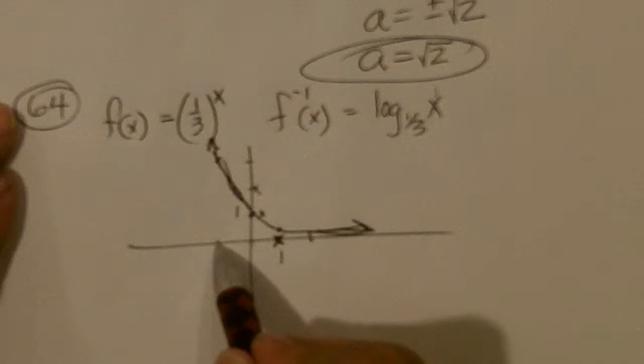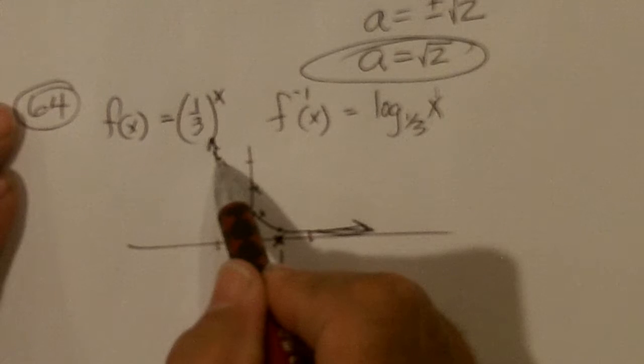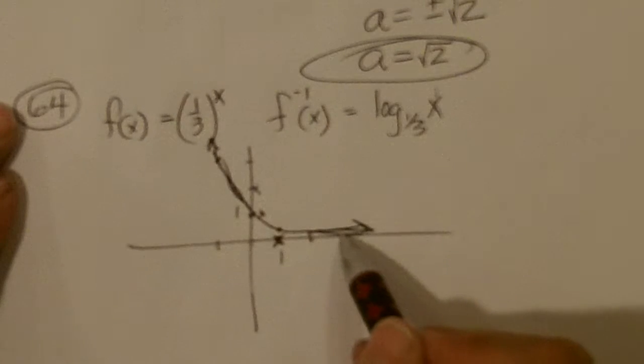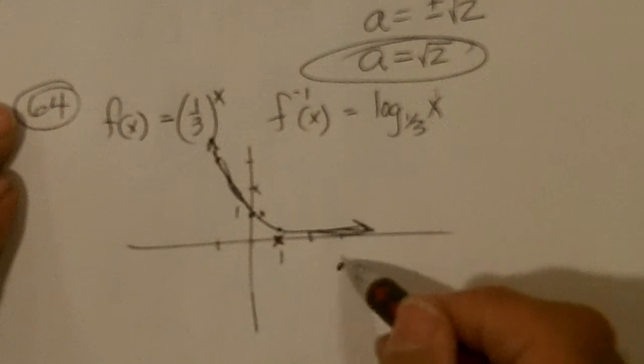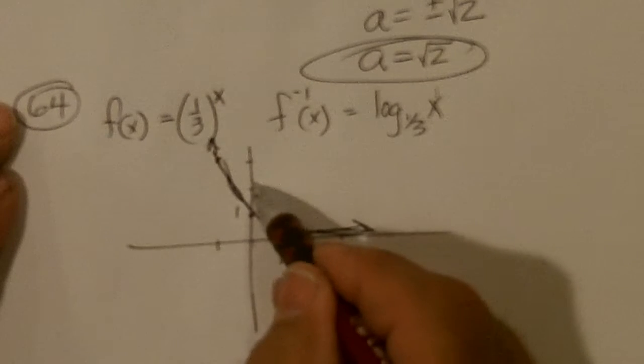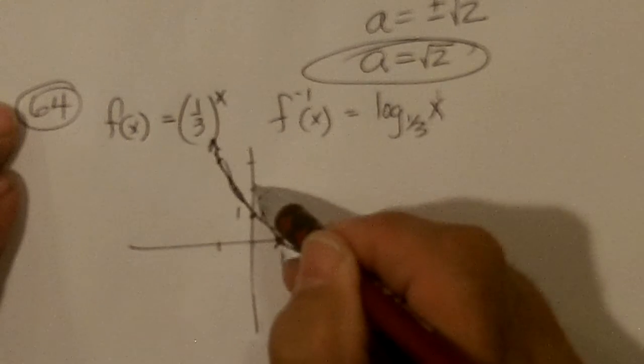This was (-1, 3), so the other would be (3, -1). No, right there. And so the graph would look like this.